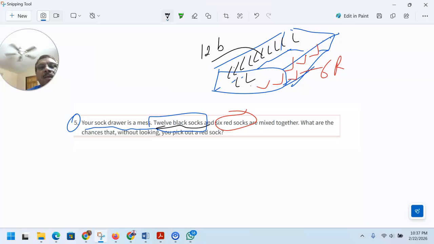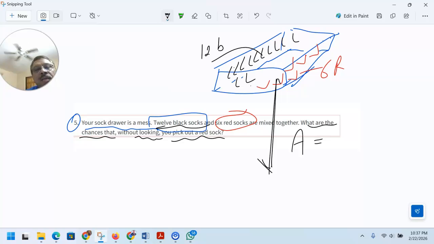When you pick one of these, what are the chances that, without looking, you pick a red? So we can call it event A, that the picked up sock is red.